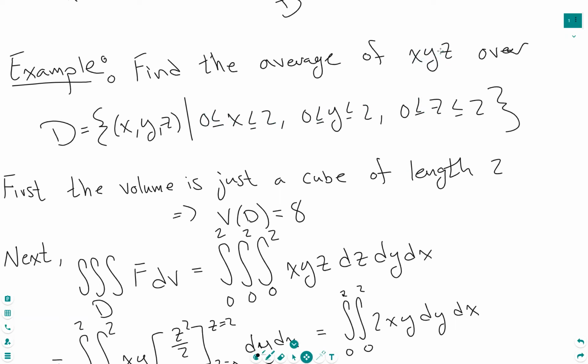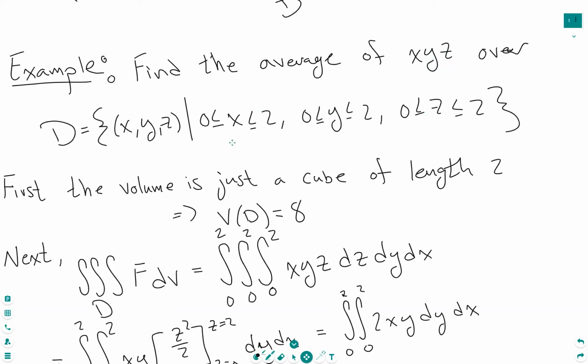When it's really close to the origin, it's really small, and it linearly increases with x, linearly increases with y, linearly increases with z. And if you're all the way at 2, 2, 2, the value is 8, 2 times 2 times 2.